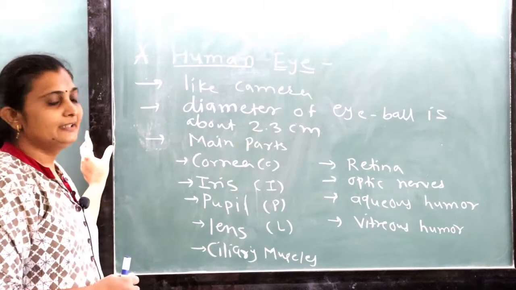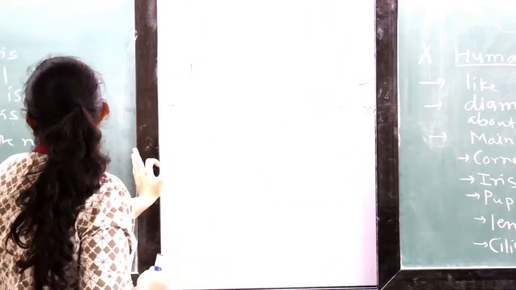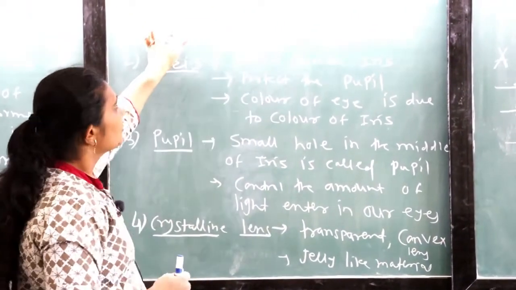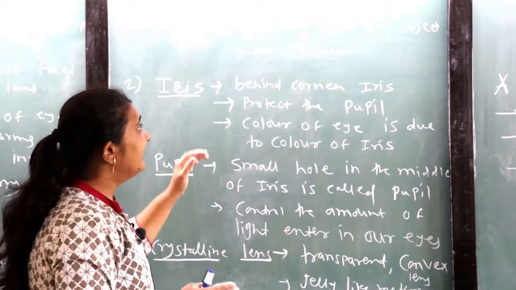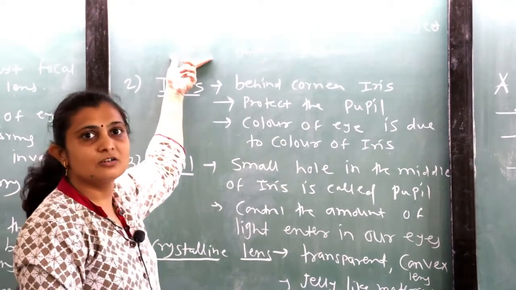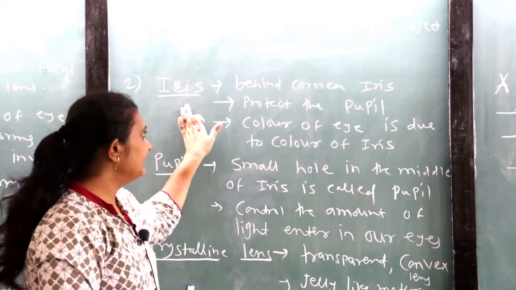And you have to write about the cornea first. Cornea: any light rays coming from the object enter our eyes through the cornea. After the cornea, the iris is present.